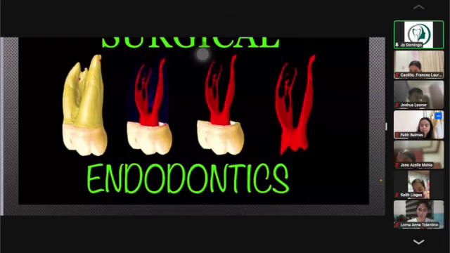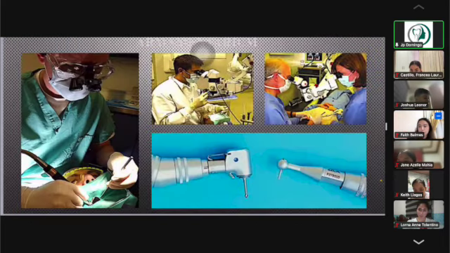Okay. So these are the instruments or equipment that are ideal but not necessarily required in performing surgical endodontics. These can be performed with conventional armamentarium, especially by a skilled surgeon with ample experience.